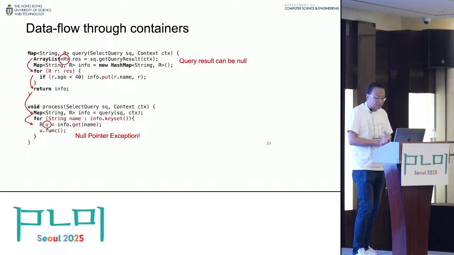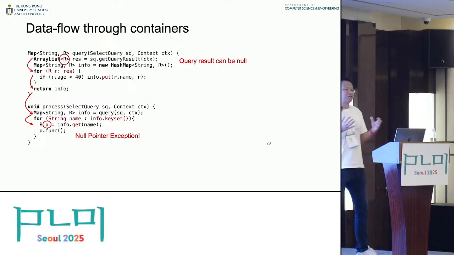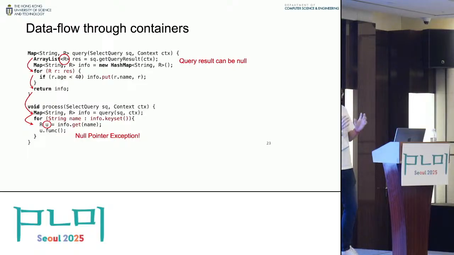So the first case study is data flow through containers. Containers, collections, abstract data structures: these are things that are very hard for static analysis to get accurate. For example, we can store something into a hash map using a key, and then use the same key to retrieve it.